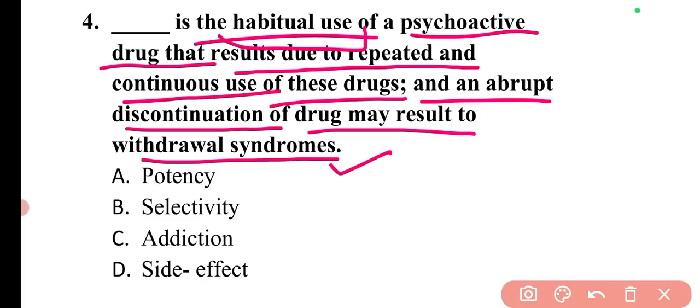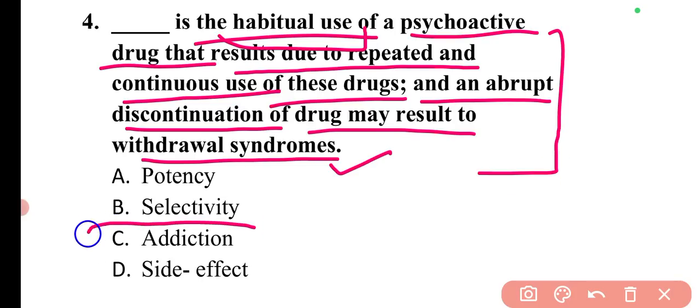Now if he wants to discontinue that drug, and suddenly discontinues it, then there can be several withdrawal symptoms which will lead to again administration of the drug. So this is simply addiction.